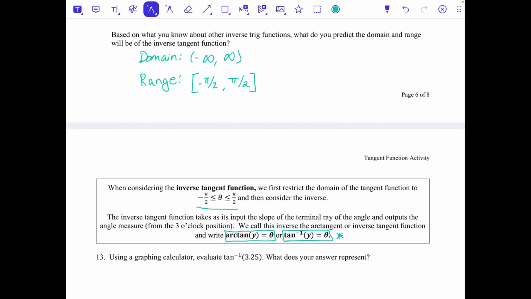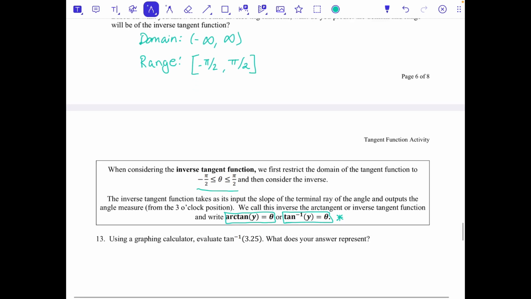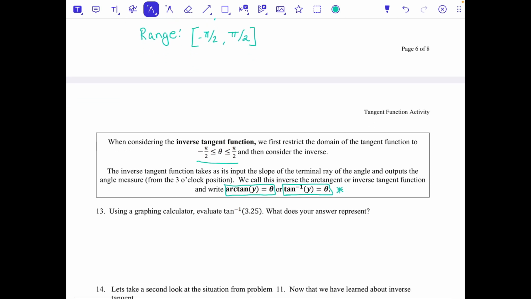So first, before we dive any deeper, we're just going to make sure we can find this function on our graphing calculator. So we're going to use a graphing calculator to evaluate the inverse tangent of 3.25. So tangent of -1 of 3.25 equals something. And it's not specified angles or degrees.